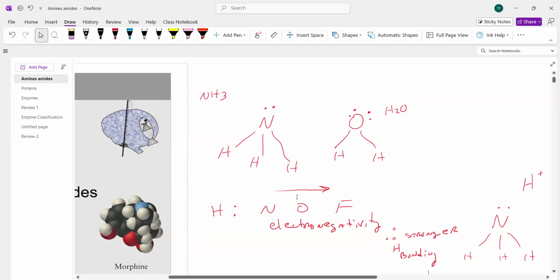And that's because the electronegativity of oxygen is greater than the electronegativity of nitrogen. And the most electronegative of all the elements is fluorine. I don't talk about that much in this class because it's not in our body at all, except when we introduce it in our water system, which is going to be taken away next year.